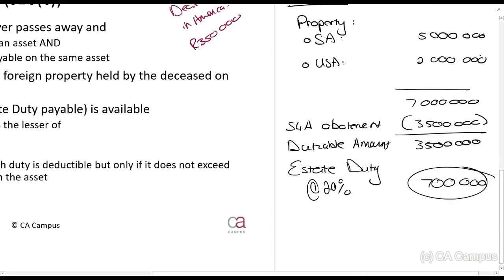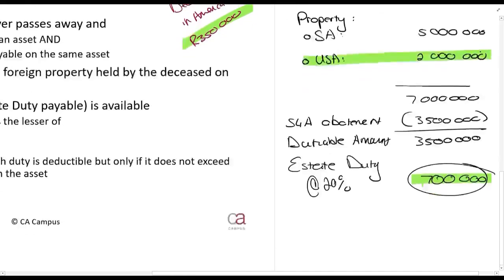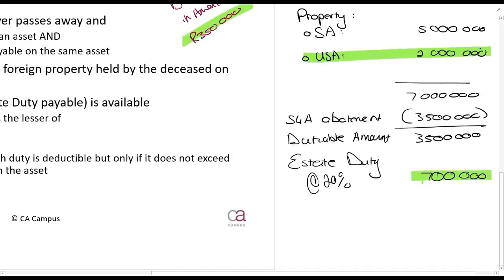So what will happen now is they'll say, okay, we understand that this person is now paying tax in South Africa on the property in the USA, because it's included in there, and they've also paid in a different country. So they'll say, you are allowed to deduct less foreign death duty.